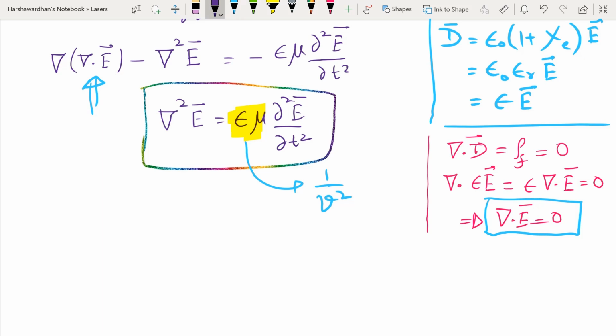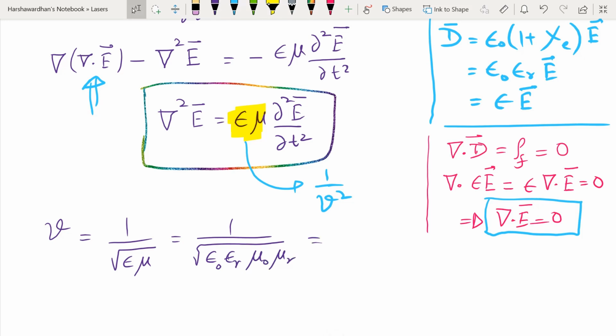In other words, my v is 1 over square root epsilon mu, which I will rewrite, opening up the dependencies, as epsilon naught times epsilon relative, mu naught times mu relative, which is simply 1 over square root of epsilon naught mu naught times 1 over square root of epsilon relative mu relative.